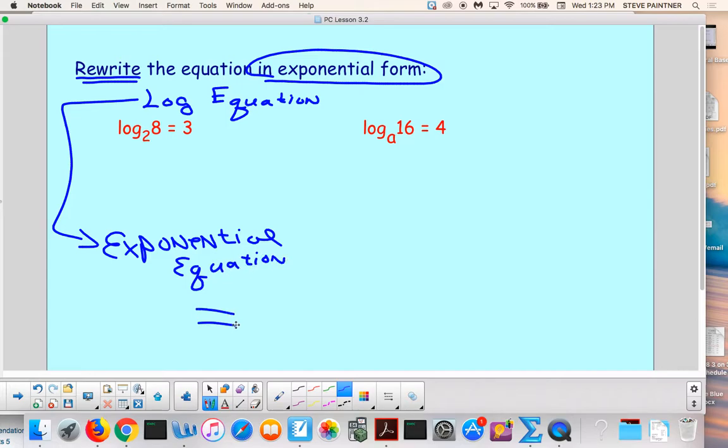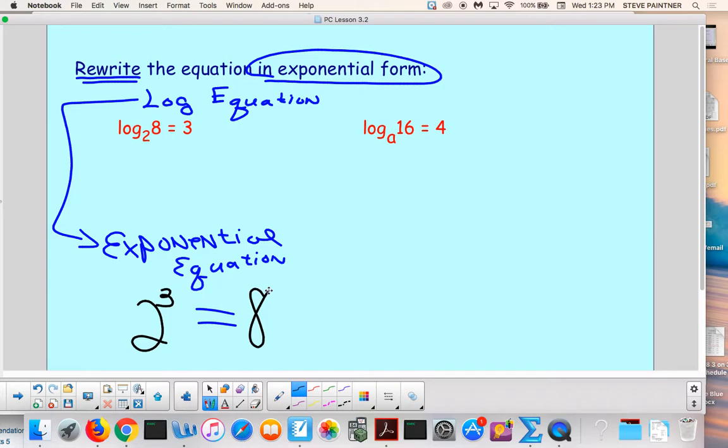Well, I'm going to let you do it now. I'm not going to do it. You're going to do it. Translate that to that. And you're going to say what, Brandon? 2 to the third equals 8 is what Brandon says.